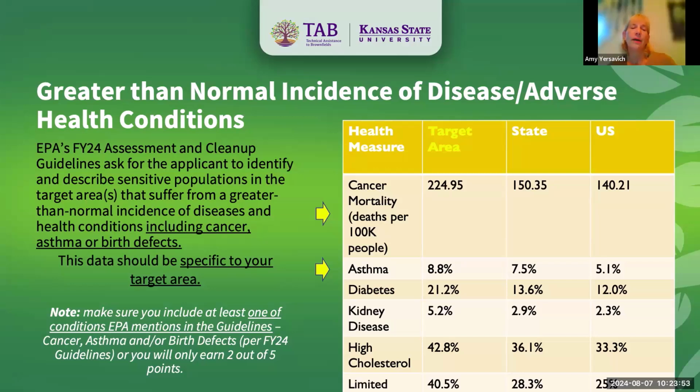Sometimes getting that cancer information in the target area, or asthma or other diseases or other adverse health effects, is difficult. Sometimes it's only reported by county. If you have to report it by county, compare it to the state and US values and mention that in your discussion of the narrative.